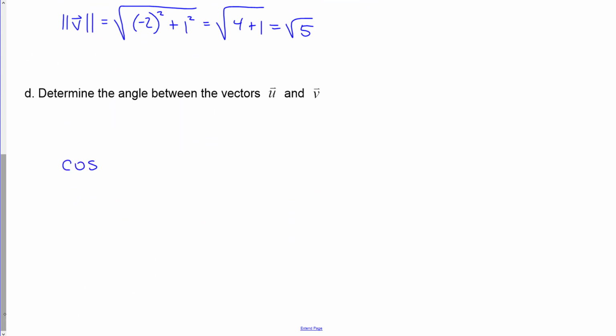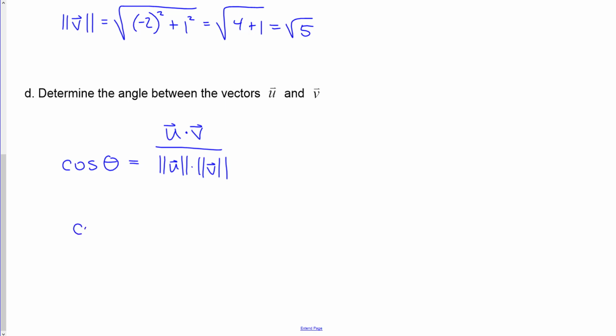So the cosine of the angle between two vectors is equal to the dot product of the vectors divided by the product of the magnitudes of the vectors. That's kind of why we've come up with all the different pieces here already. This is a formula that you'll need to know.